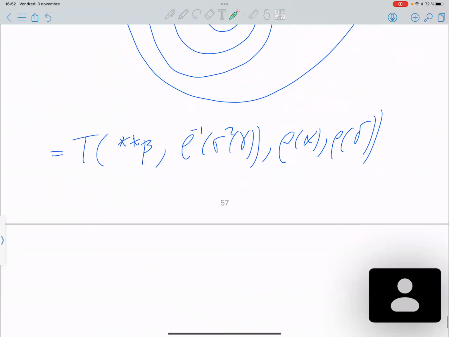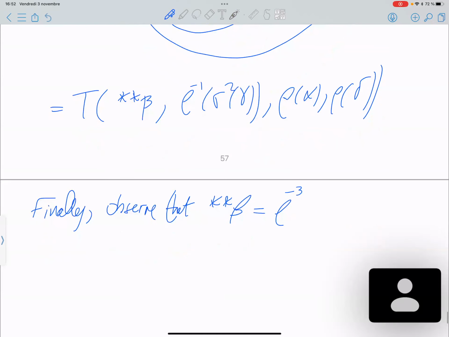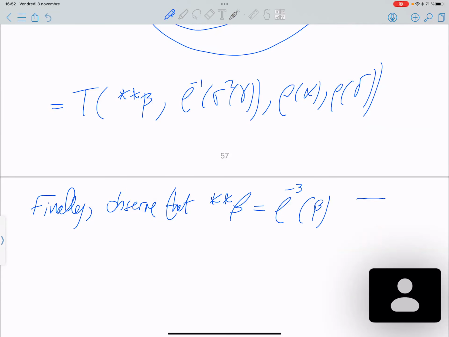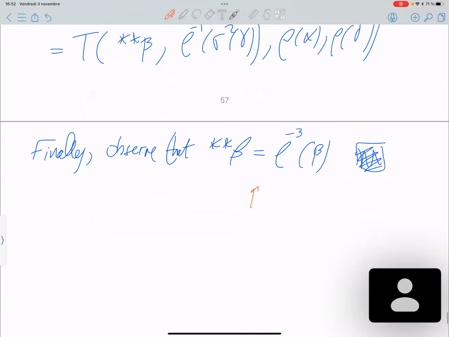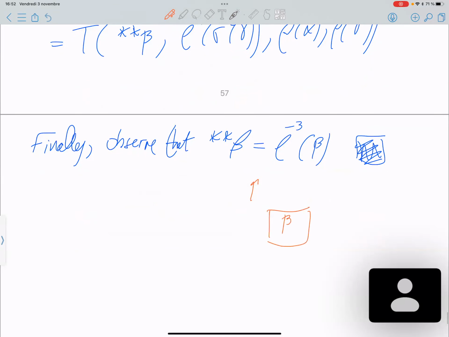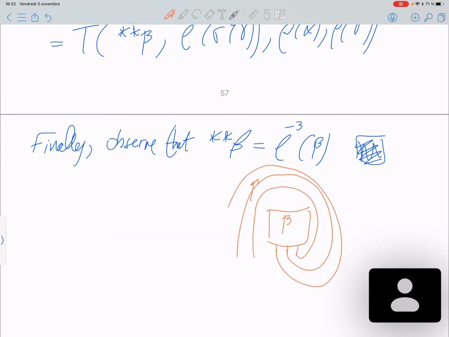And finally, observe that the double right dual of beta is equal to rho minus 3 of beta. Because you have a beta, rho inverse 3 times. 1 time, 2 times, 3 times.